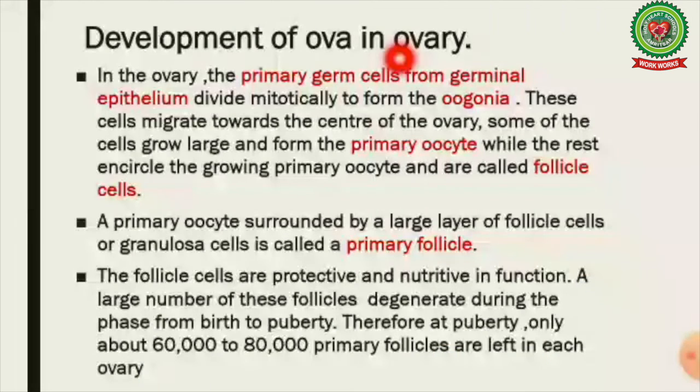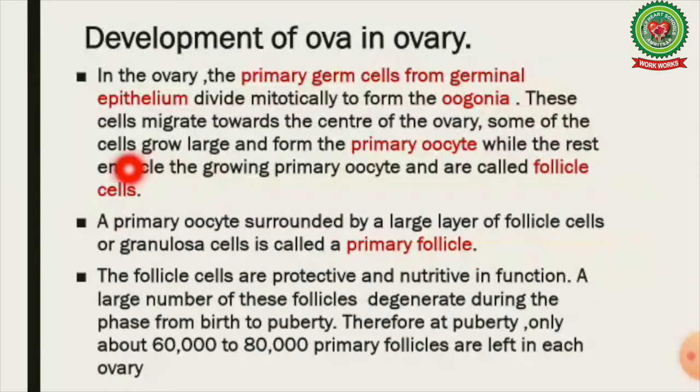Next topic we are discussing is development of ova in the ovary. In the ovary, the primary germ cells from the germinal epithelium divide mitotically to form the oogonia. These cells migrate towards the center of the ovary.